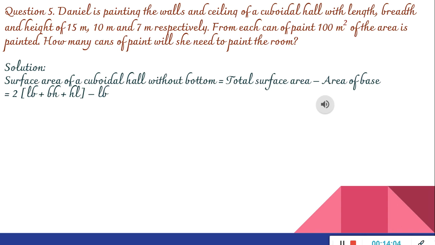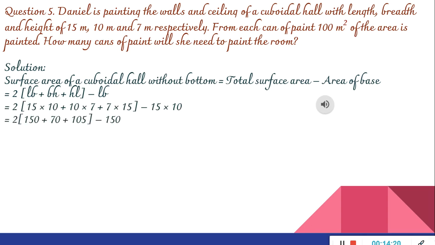So length into breadth. Okay. So put the values there. 2 into 15 into 10 plus 10 into 7 plus 7 into 15, minus 15 into 10. That would be 2 into 150 plus 70 plus 105, minus 150. So 2 into 325 minus 150, that is 650 minus 150 is equal to 500 meters square.